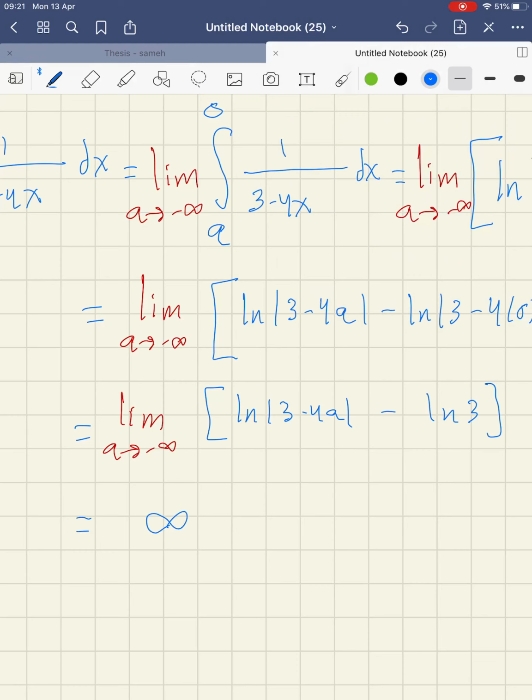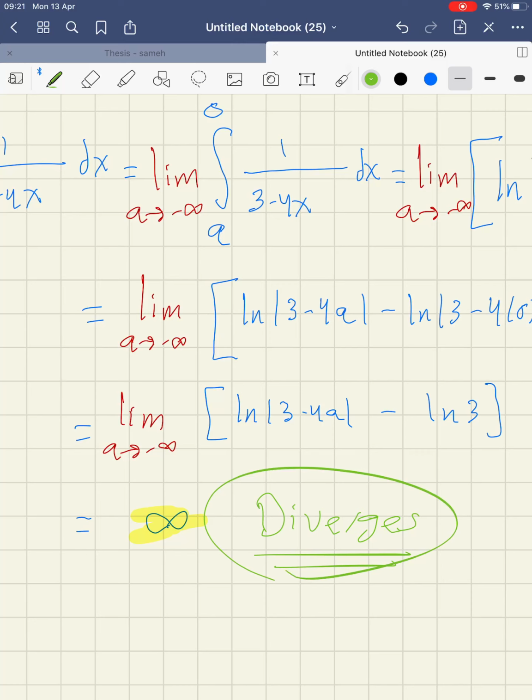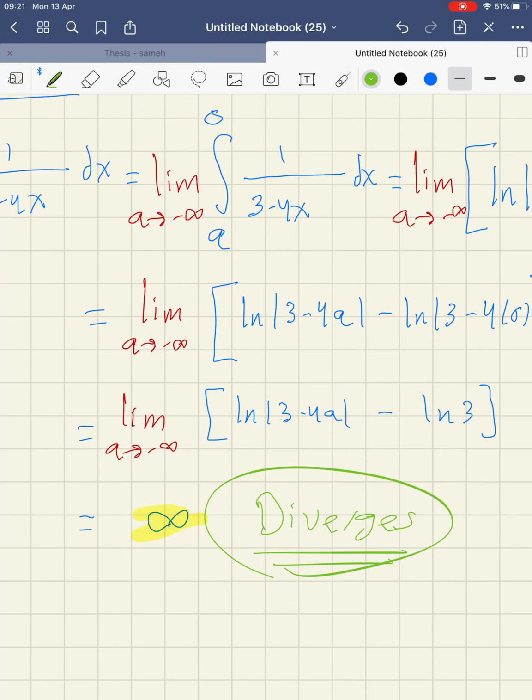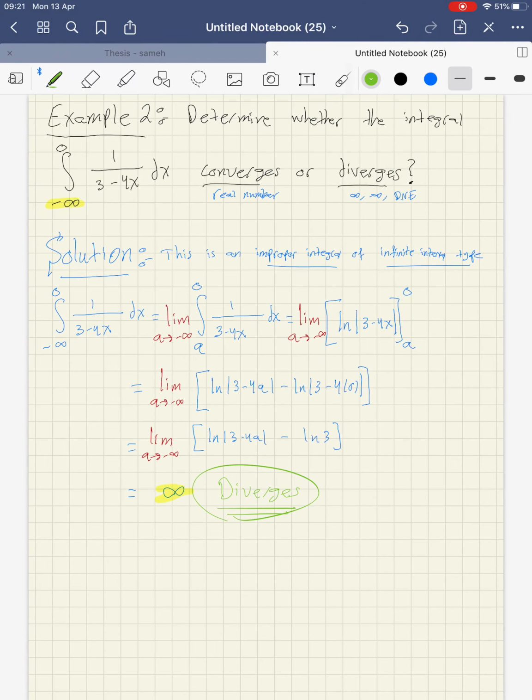And actually, we don't care if it's infinite or negative infinite, the only thing that we look at is this diverges. Because the answer is not a real number, so it diverges. So this improper integral here diverges. Thank you so much.